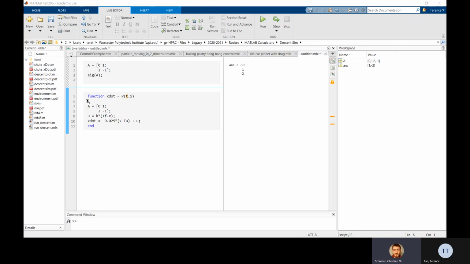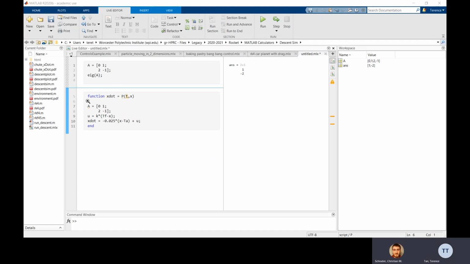If you look at the A matrix, it's 2 by 2. Because you have to multiply A by X, they have to share the same dimensions. A is a square matrix that has the same width as the length of X, basically.